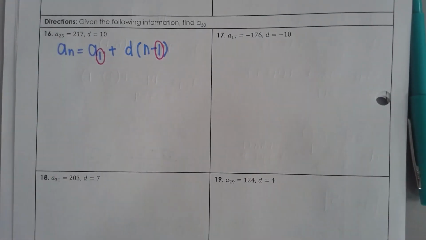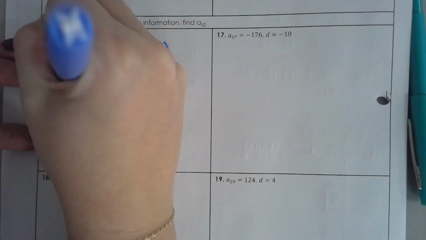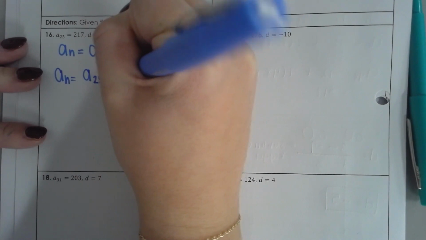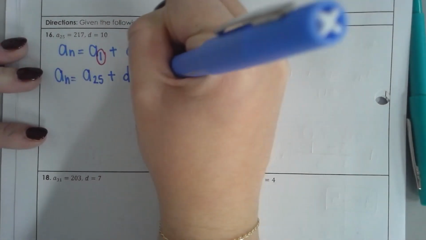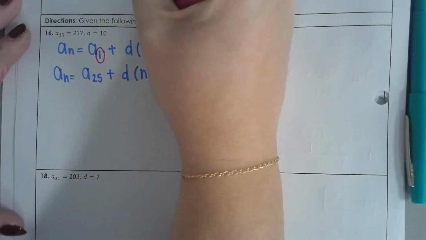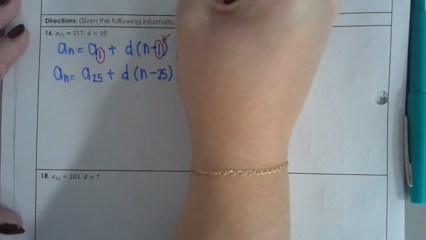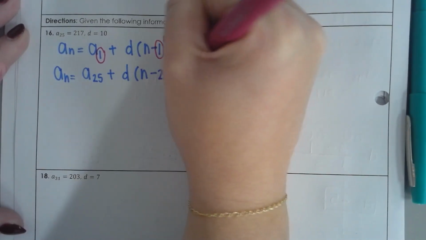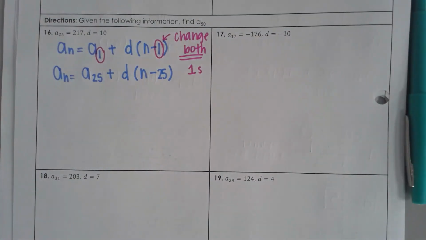So I'm going to rewrite this as AN equals A25 plus D times N minus 25. You have to change both of them, and you have to change them to the same number. Those are the rules. But you can change them to be anything you want.